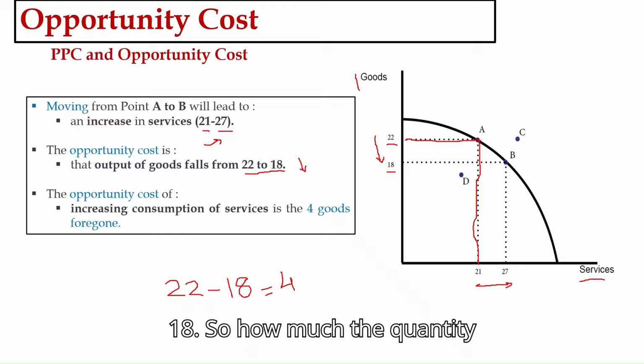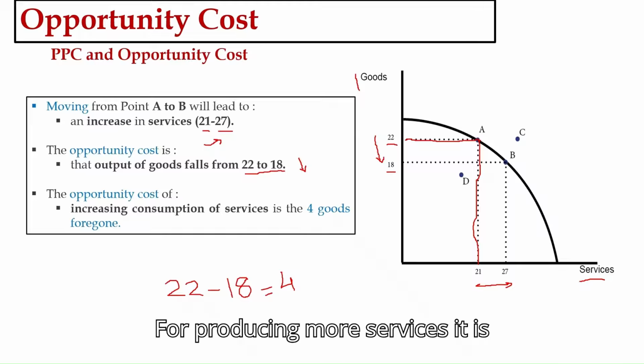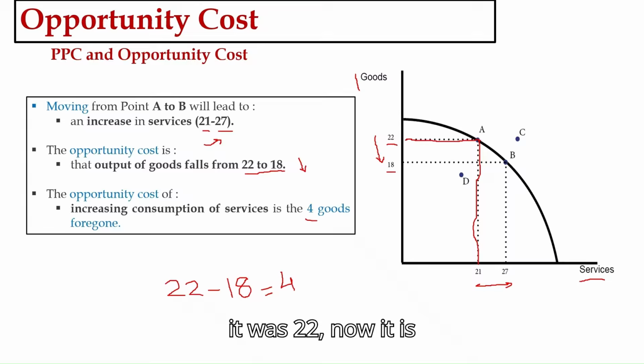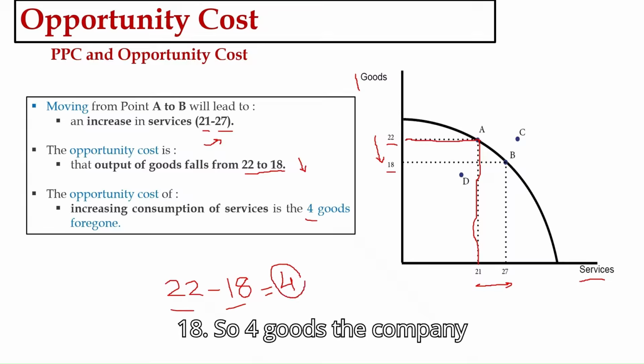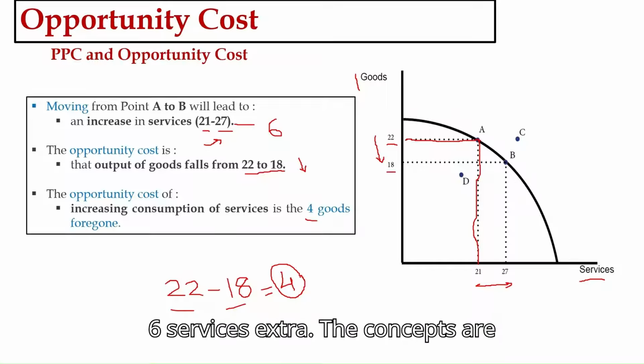So how much is the quantity of goods they have produced less for producing more services? It is 4. Remember change in quantity, before it was 22, now it is 18. So 4 goods the country has to make less for providing 6 services extra. The concepts are similar.